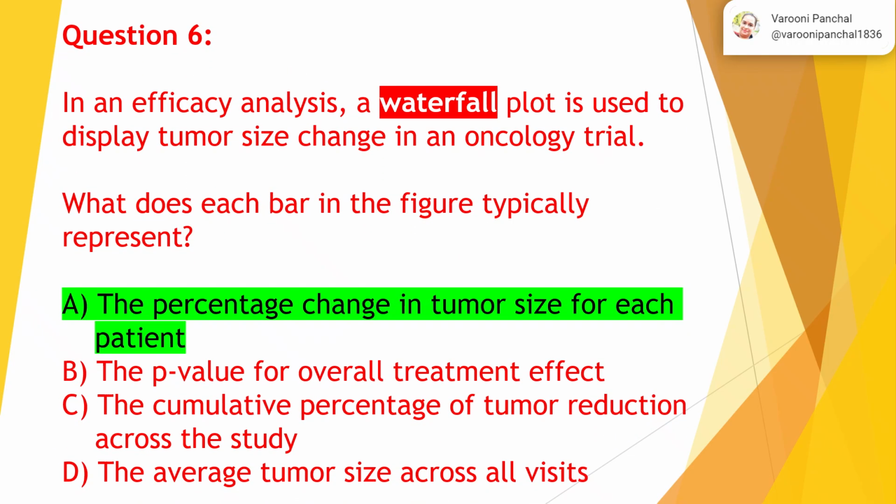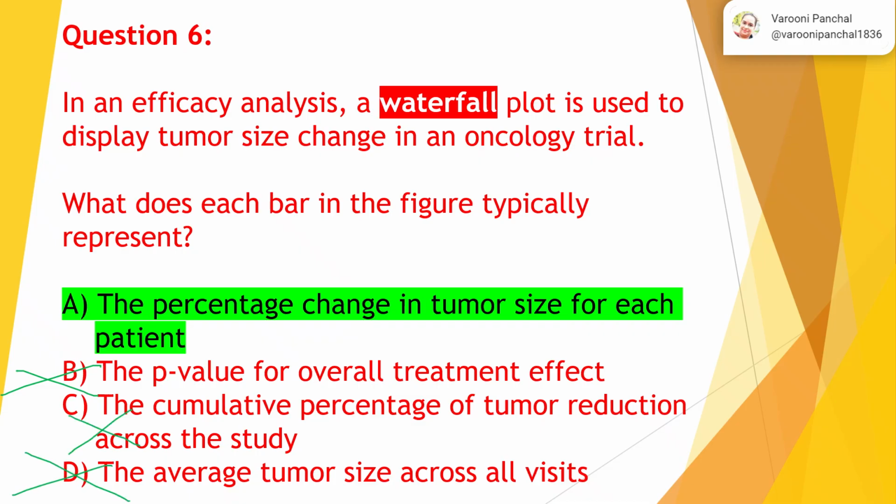Question 6. In an efficacy analysis, a waterfall plot is used to display tumor size change in an oncology trial. What does each bar in the figure typically represent? Option B, the p-value for overall treatment effect. No. Option C, the cumulative percentage of tumor reduction across the study. No. D, the average tumor size across all visits.